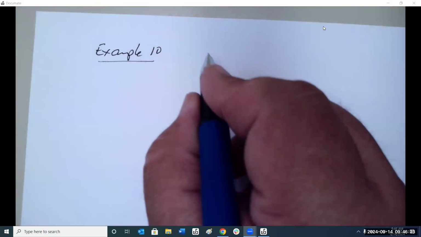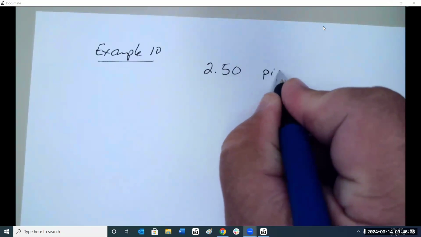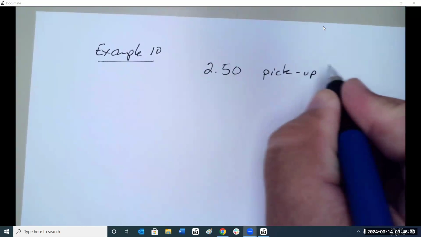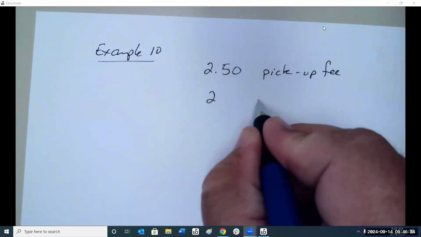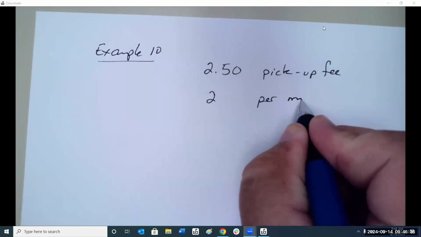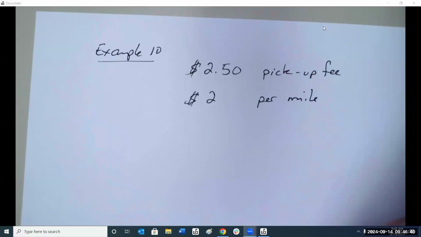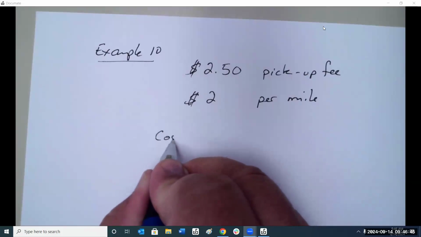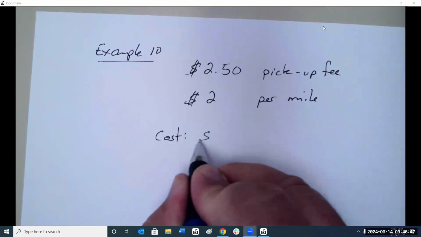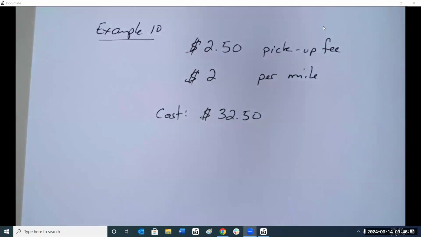Let's see, so we have $2.50 pickup fee, $2 per mile. The cost was $32.50. So now let's put that into a math equation.